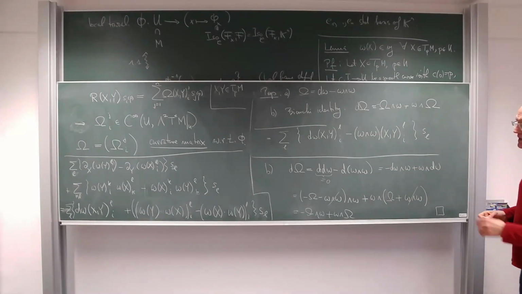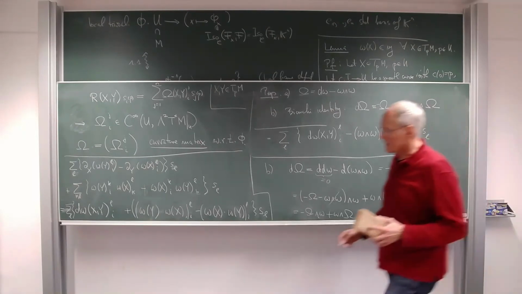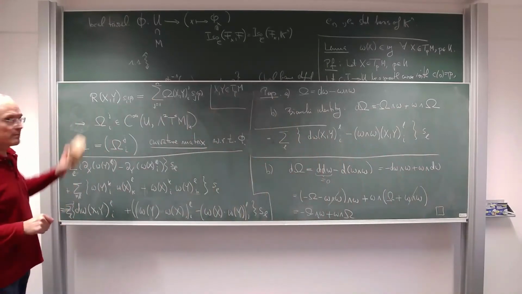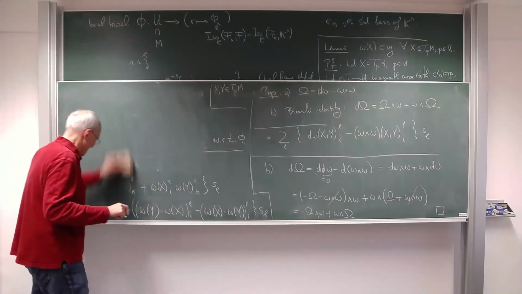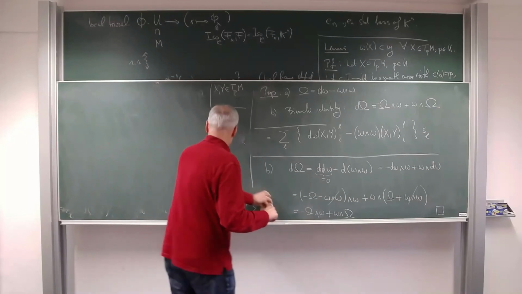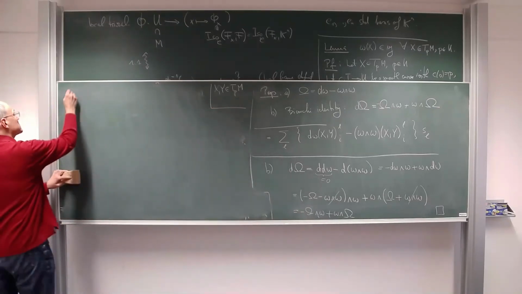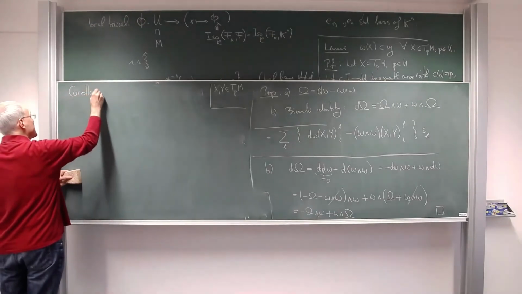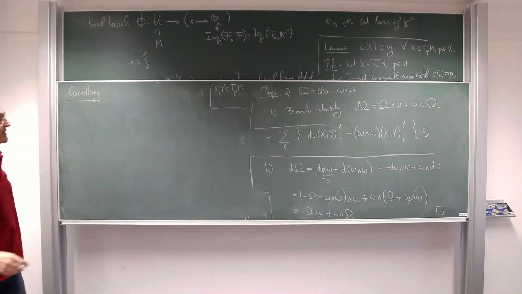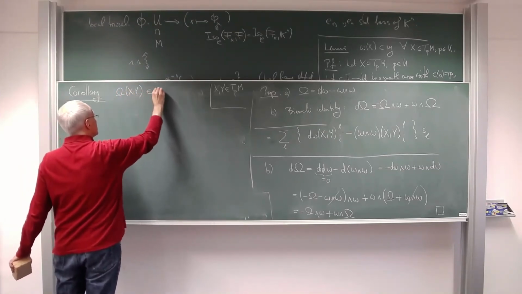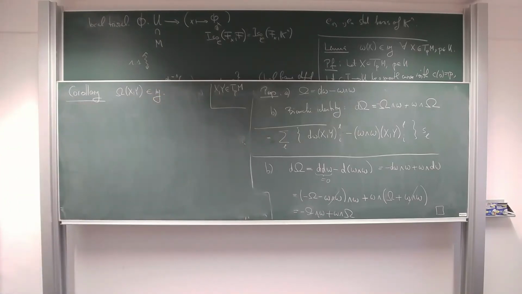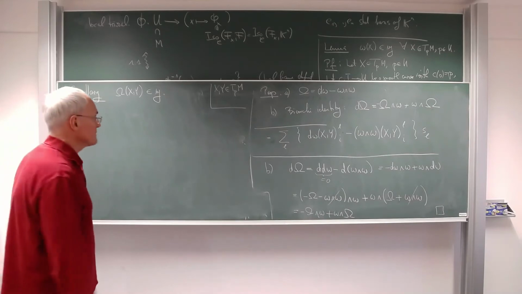Good. And so I told you that the connection matrix takes its values in the Lie algebra. How about the curvature matrix? As a corollary, we note that capital omega of x and y is also always contained in the algebra. It's also g-valued, but it's g-valued 2-form this time.